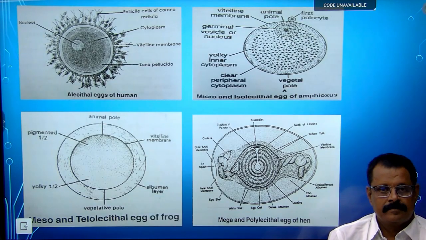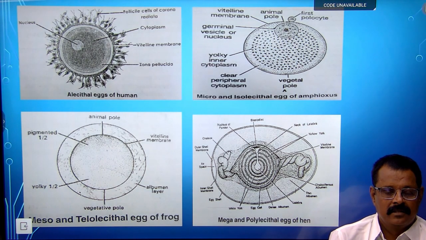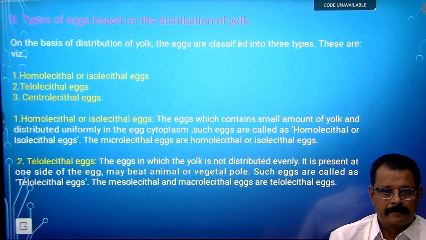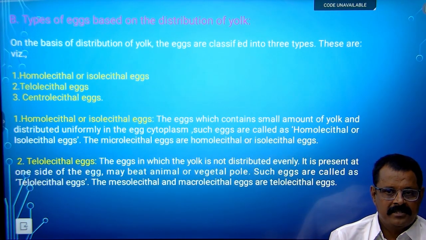These are the different figures of the types of eggs depending upon the amount of yolk. First one is alecithal egg, second is microlecithal egg, third diagram is mesolecithal egg, and fourth diagram is of megalecithal or macrolecithal egg.